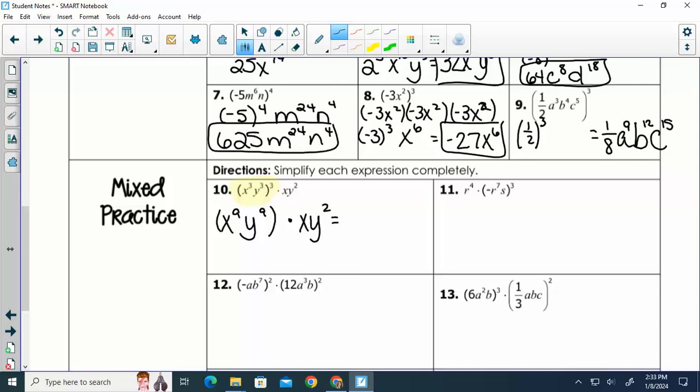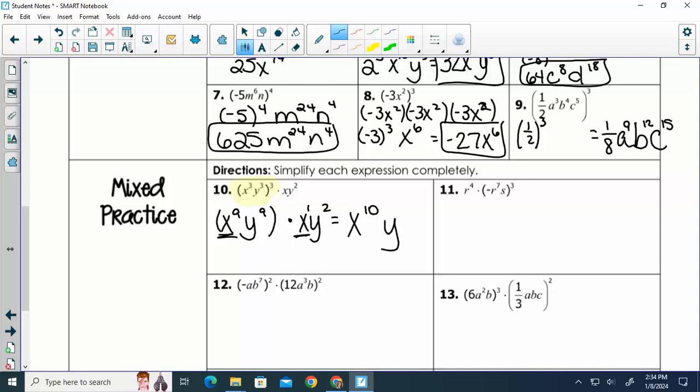Second step, when we go to multiply these, this is where a lot of people made mistakes on Friday. Remember, this x has a 1. The x is written each time, so what do you do with those exponents? You multiply if they're side by side, like a power to a power. What do we do with the bases? We add them. So we have 9 x's here and 1 here, so that's x to the 10.